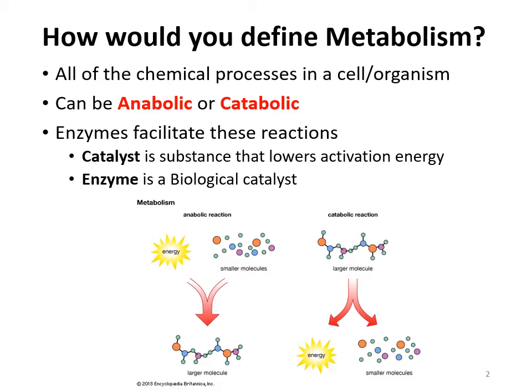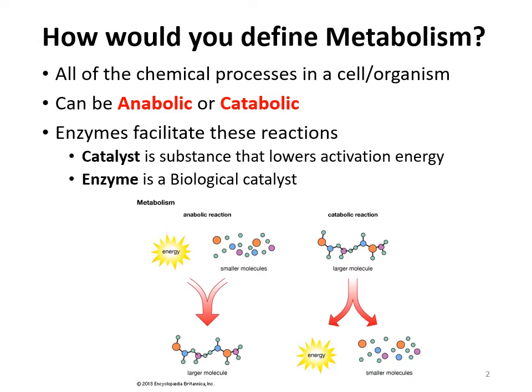Now, there are two terms associated with those chemical processes, and that is anabolic or catabolic reactions. Now, before you start thinking I'm a crazy cat lady, I am going to use another cat reference to help you visualize this.